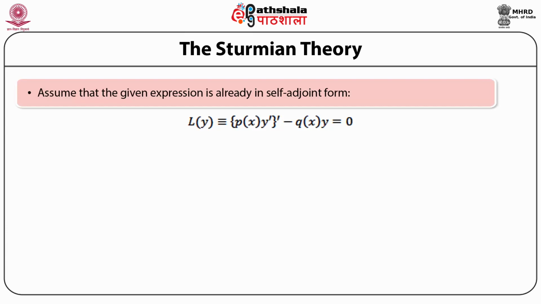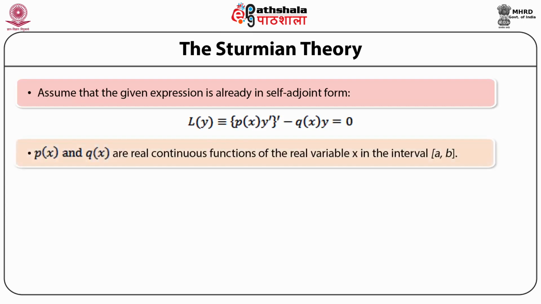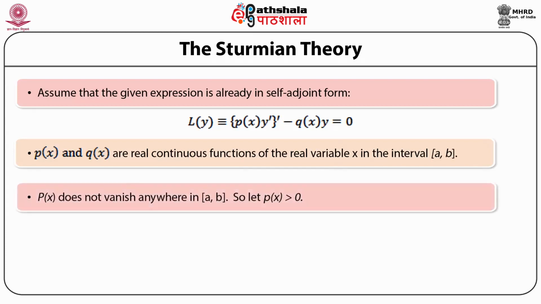Let us number this equation as equation number 1, where p of x and q of x are real continuous functions of real variable x in the closed interval a to b, and p of x does not vanish anywhere in the finite interval a to b. So, we let p of x be greater than 0.